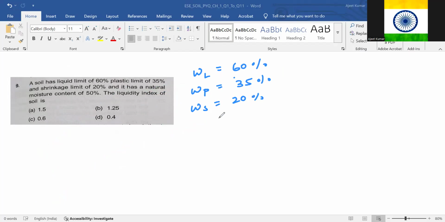It has a natural moisture content WN equal to 50%.